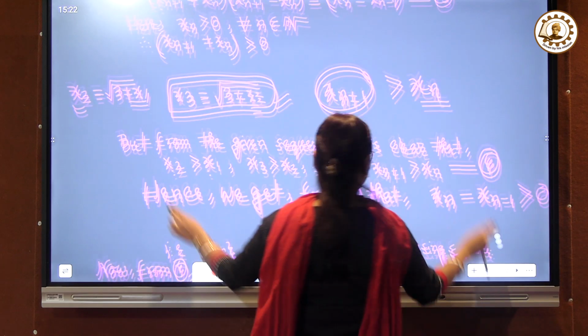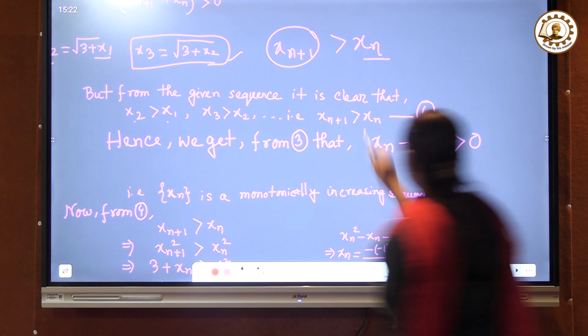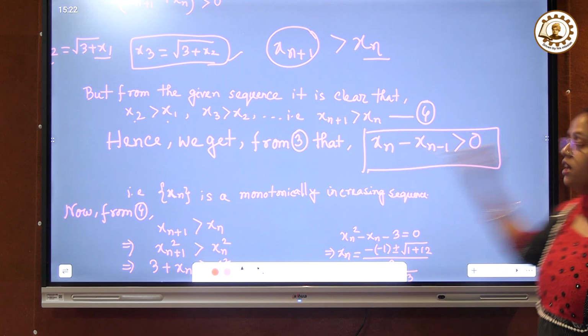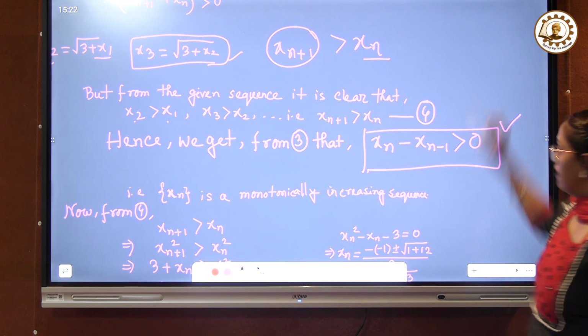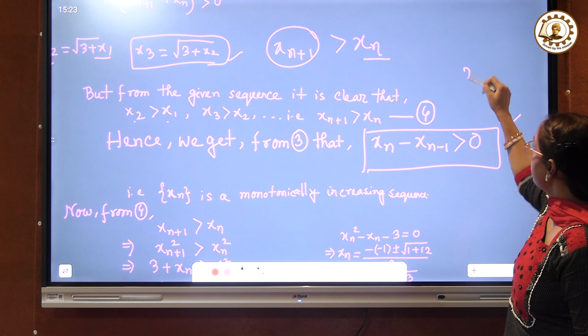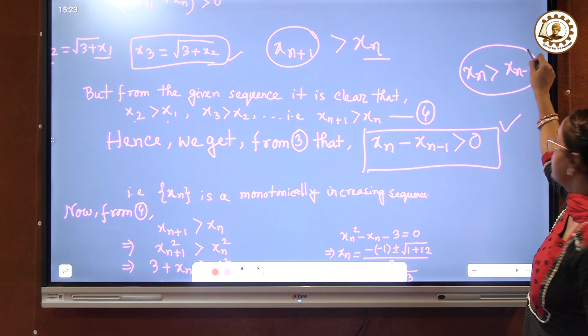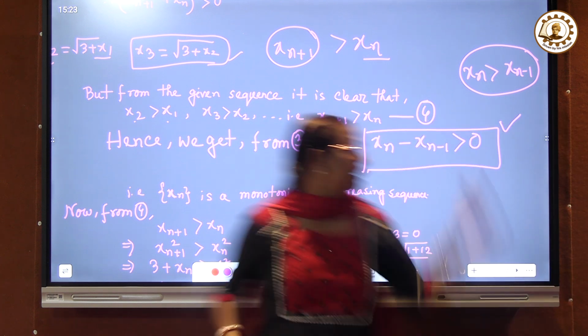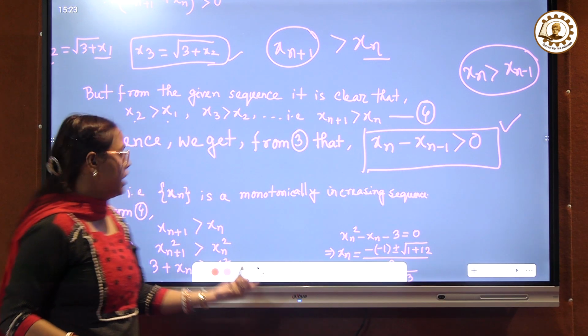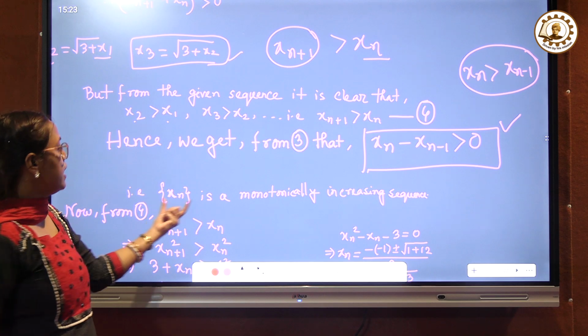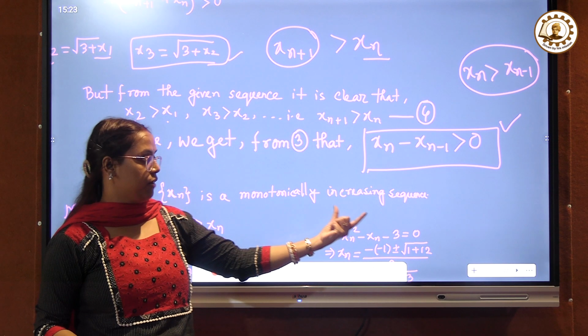So, from 3 we get the relation xn minus xn minus 1 greater than 0. That means we can also write xn greater than xn minus 1. This condition satisfies that the sequence is monotonically increasing. From this relation we can write xn is a monotonically increasing sequence.